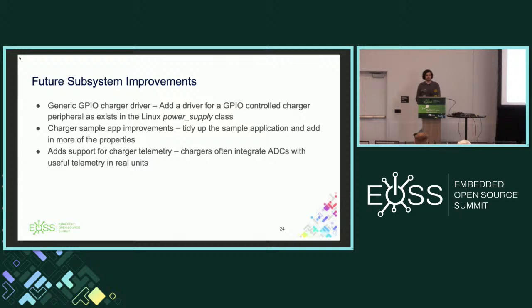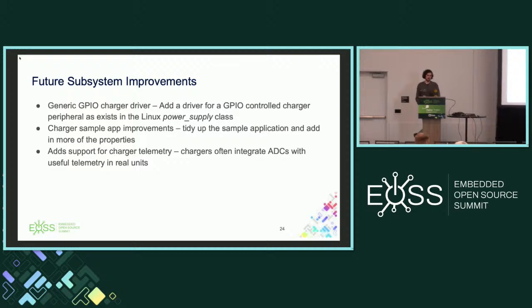Moving on to the next point, I'd like to tidy up the charger sample application a bit and add in more of the properties. On the previous slide, there are way more properties than what are used in the sample application. So part of it would be to abstract it out, tidy it up, refactor it, and make use of as many of the properties as possible, just so that we have full coverage.